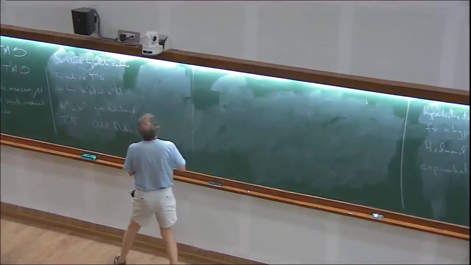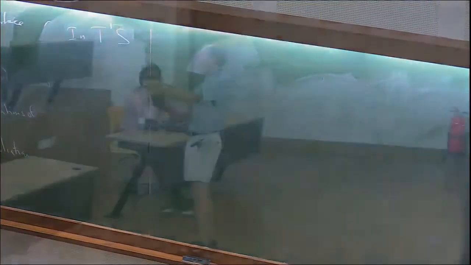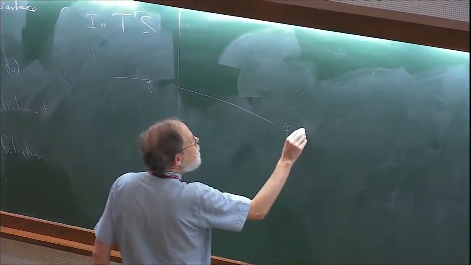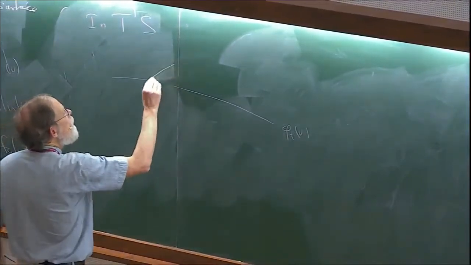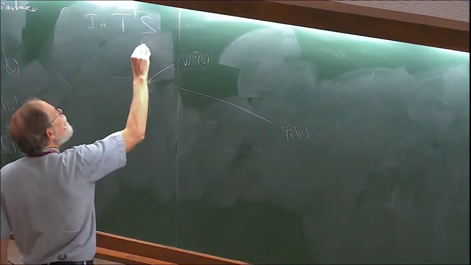This is a three-dimensional picture because the surface is two-dimensional and there's one dimension of unit vectors. And so I have V, which looks like that. And then you have the orbit of V. That's the leaf of the orbit foliation. You have WS of V, and you have WU of V.